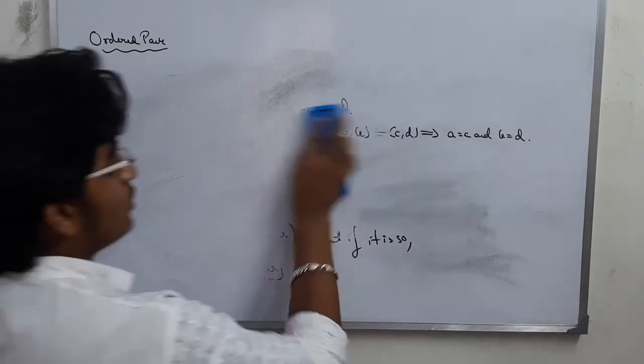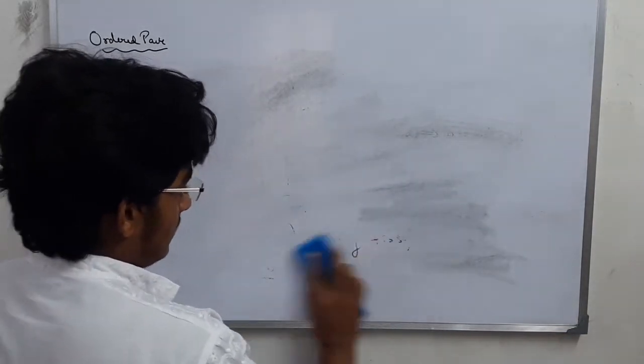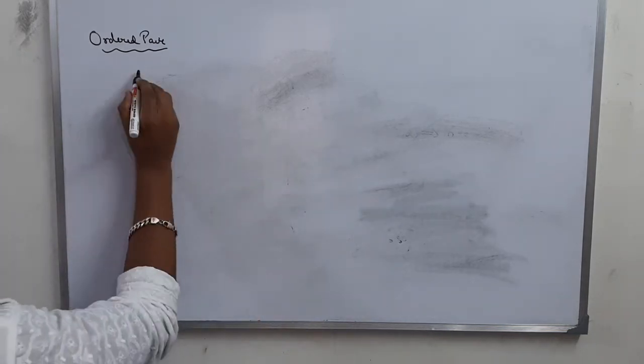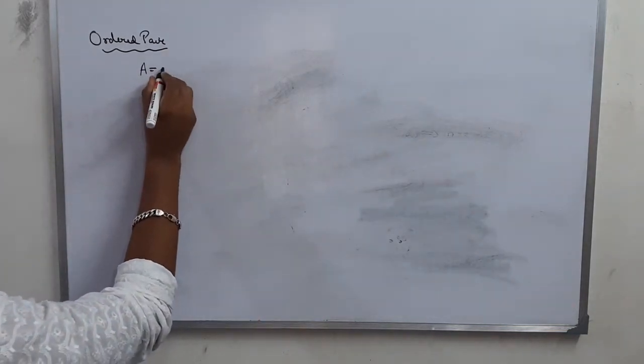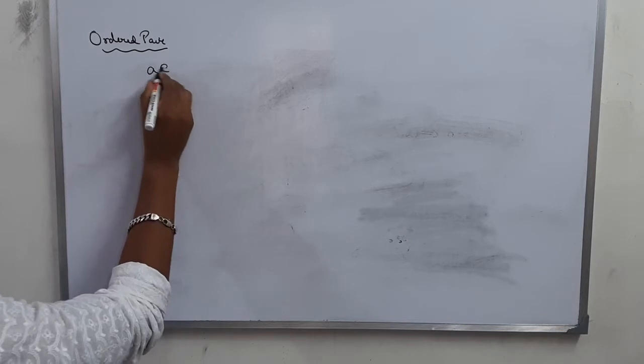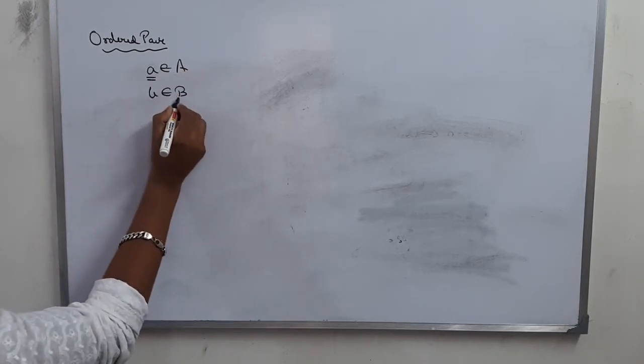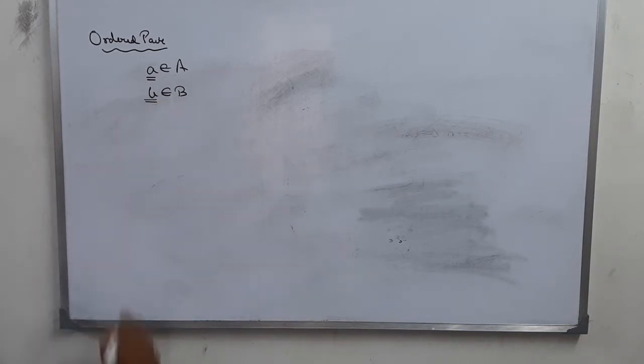Cartesian product of two sets. Now suppose you have a set A which contains elements denoted by small a, and there is another set B which contains elements denoted by small b.